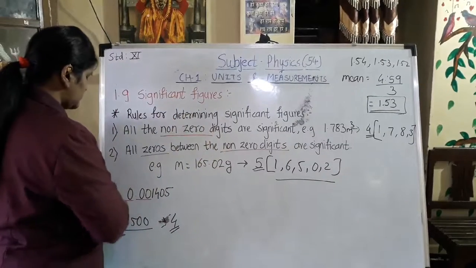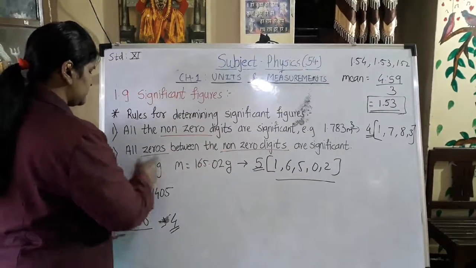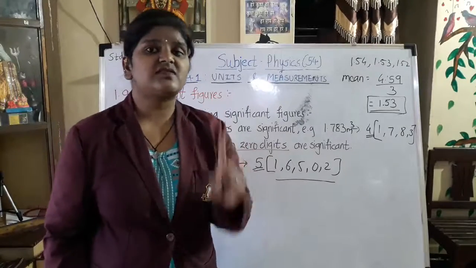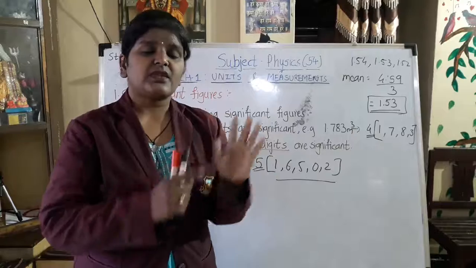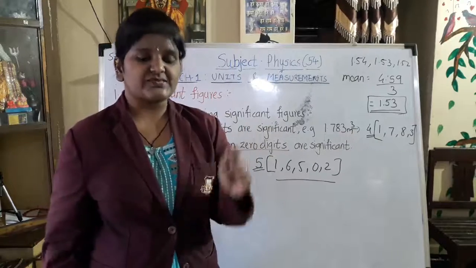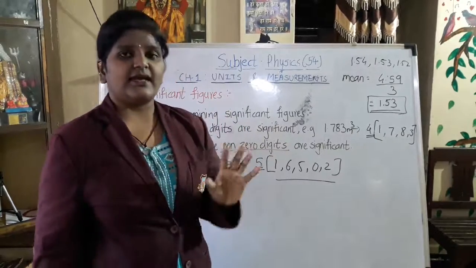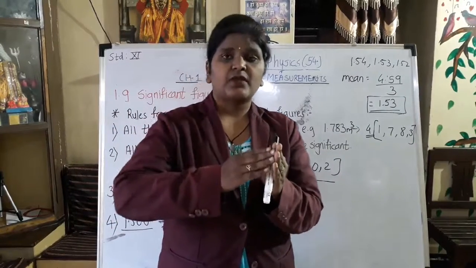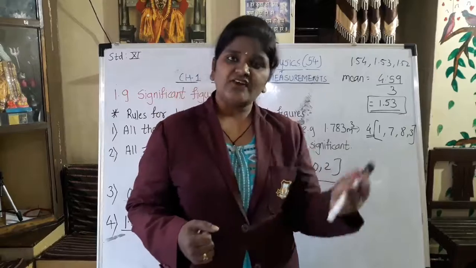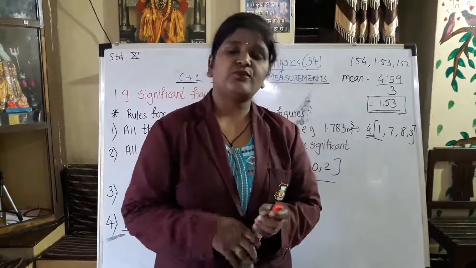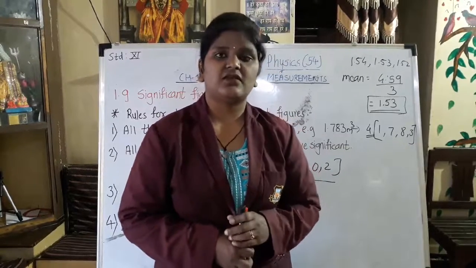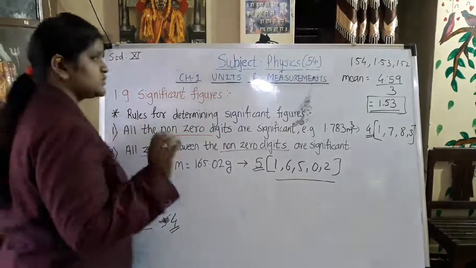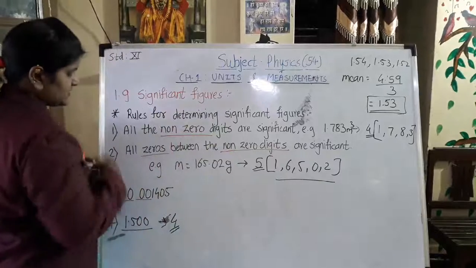Now the third rule. The third rule is about 0 itself. If any number is less than 1, I am saying it again, any number which is less than 1, the zeros before or after the decimal point will not be considered as significant figures. We'll take one example so that you will get the exact idea.